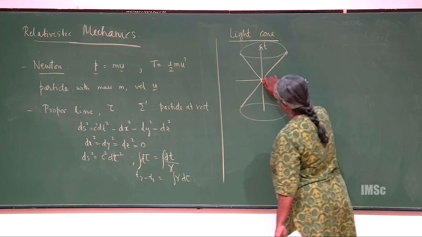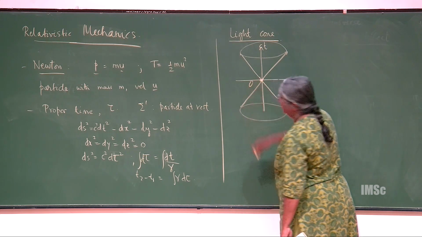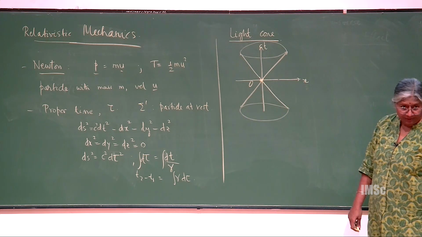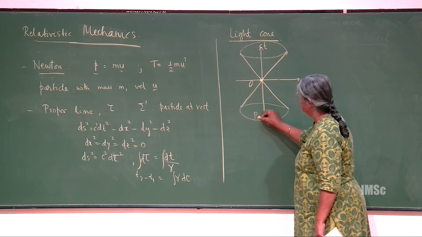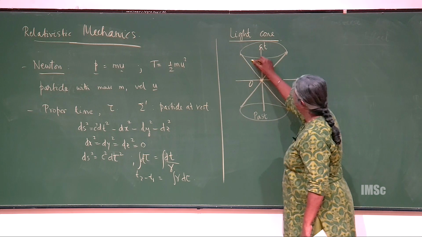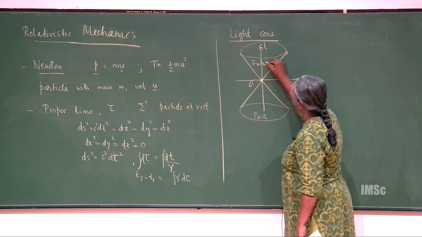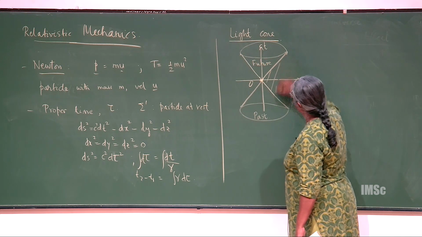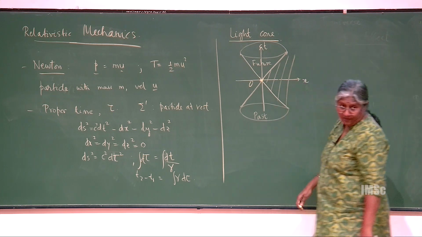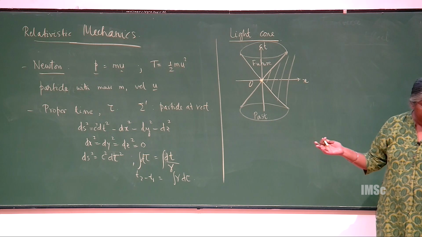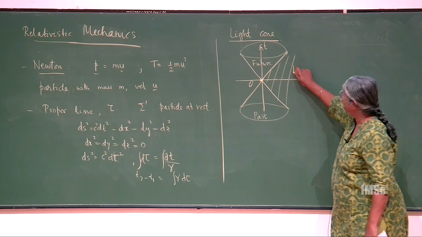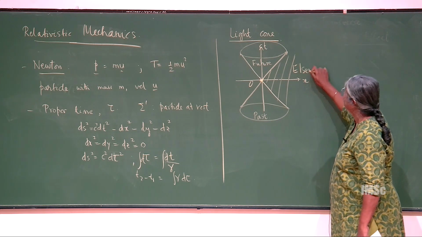Suppose I'm here at this point, this is my present, I am here at O, then this whole thing is my past, this whole thing is my future, and this can only be reached if I can send signals greater than the speed of light, and technically this is called elsewhere.